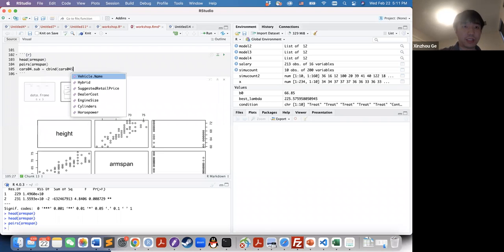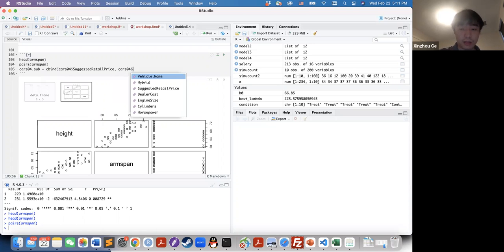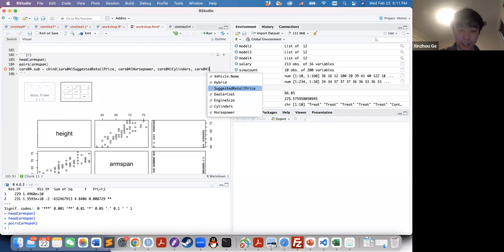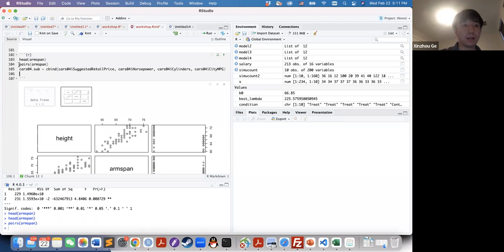For example, if you are interested in the retail price, horsepower, cylinders, and city MPG, we will include 4 predictors, and we combine these 4 predictors into a data frame, and we can also do a pairwise scatter plot for this one.